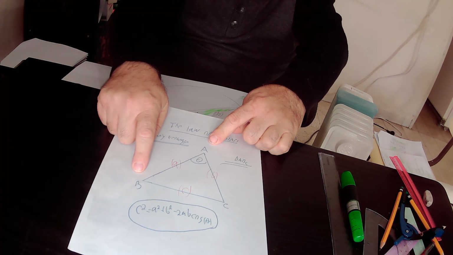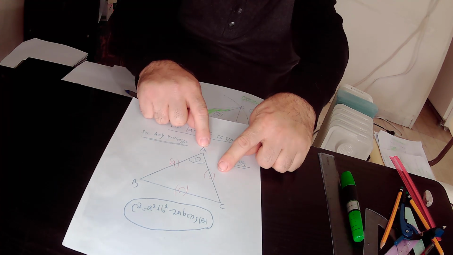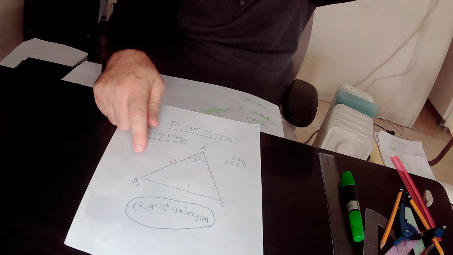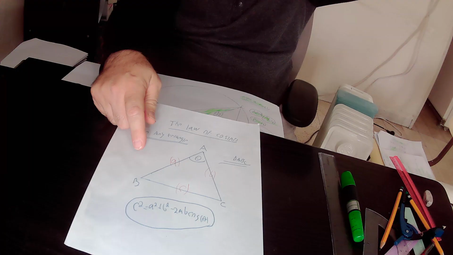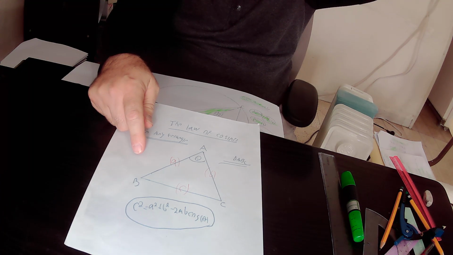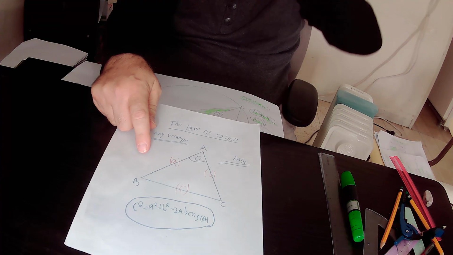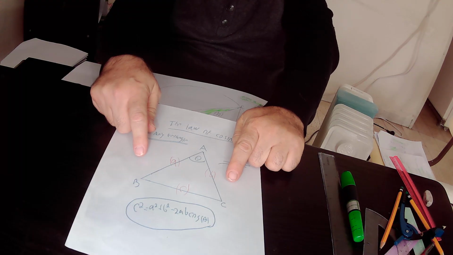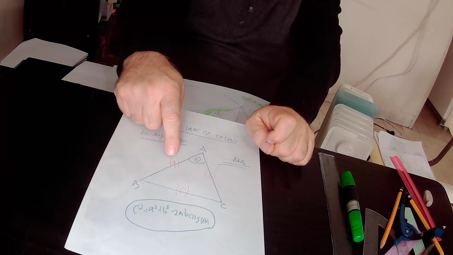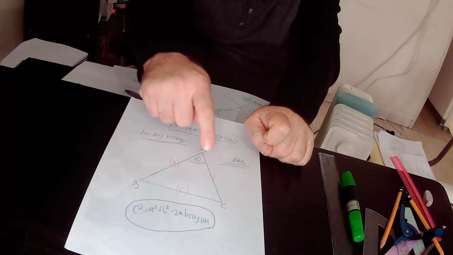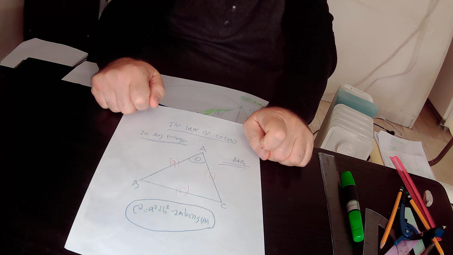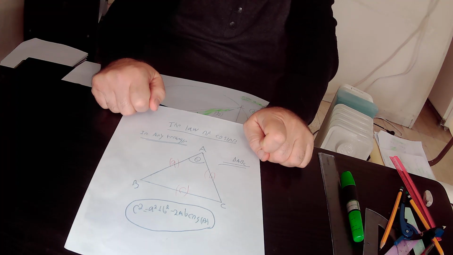Side AB equals A units in length, side AC equals B units, and side BC equals C units. According to the law of cosines, for this triangle ABC, the following equation is true: C squared equals A squared plus B squared minus 2 times A times B times cosine theta. Again, C squared equals A squared plus B squared minus 2 times A times B times cosine theta.